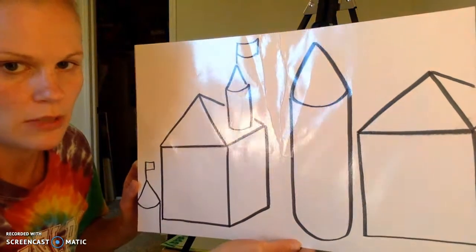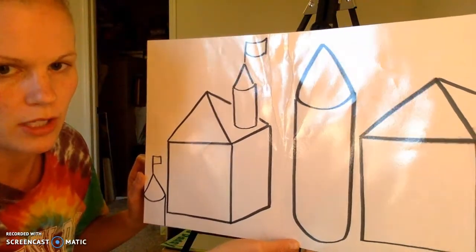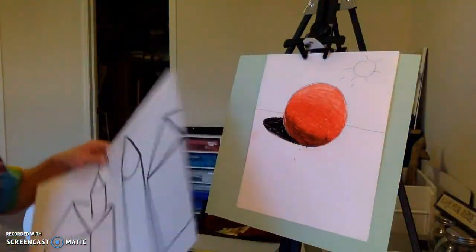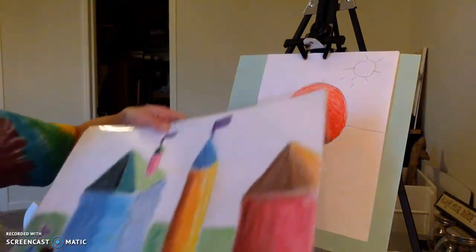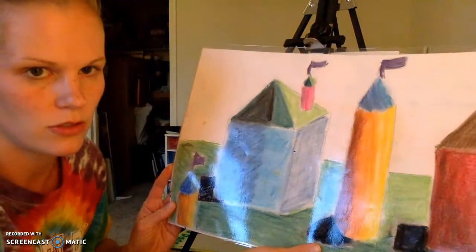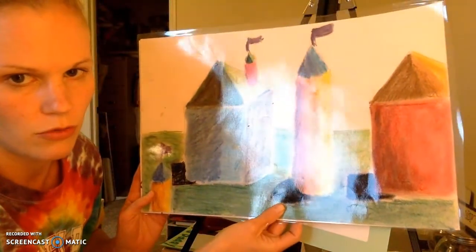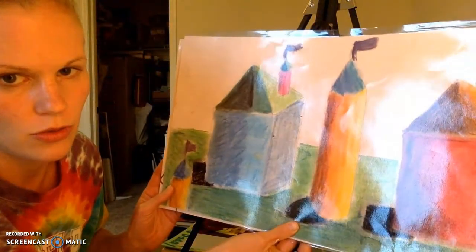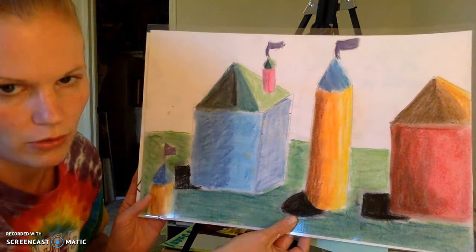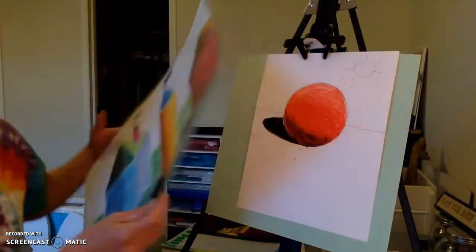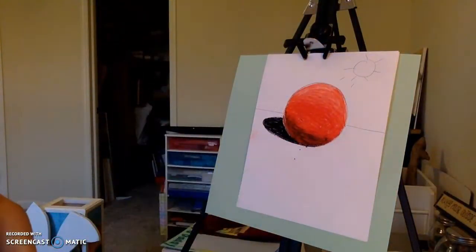So this is where you need to be at this point with your drawing in pencil. And then moving forward, you will be using oil pastels to shade your three-dimensional forms, and we're going to use value to make them look more three-dimensional. So before we do that, we need to do this quick warm-up.